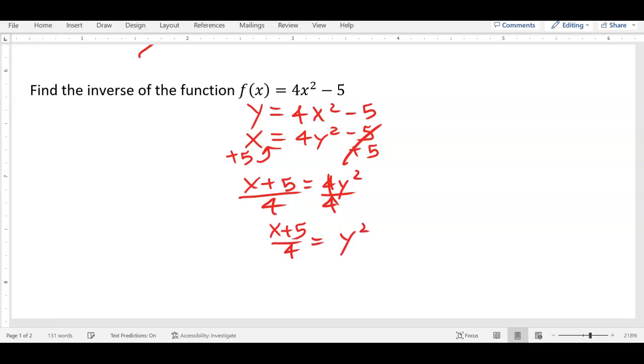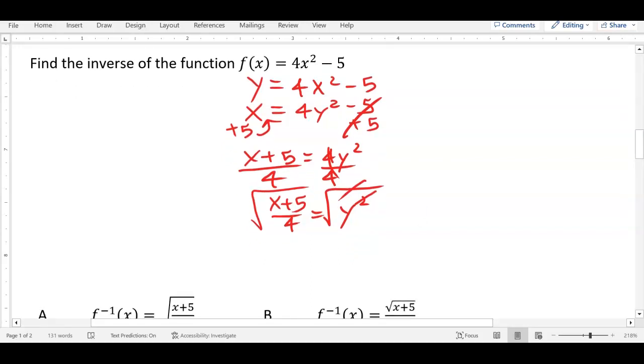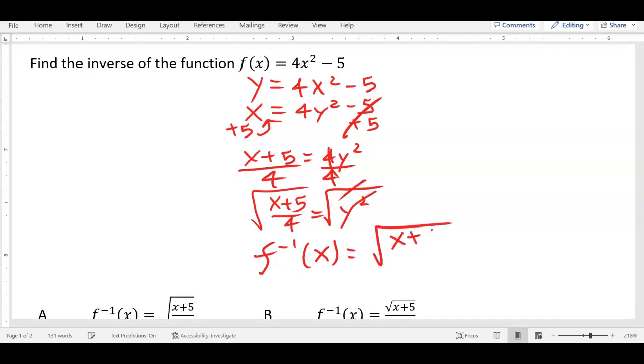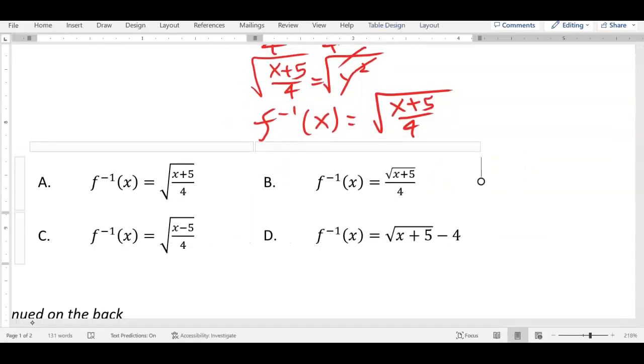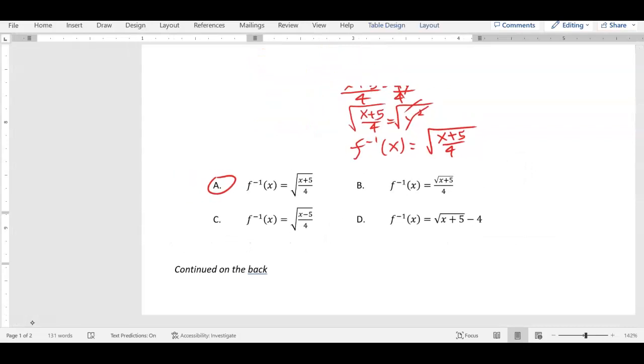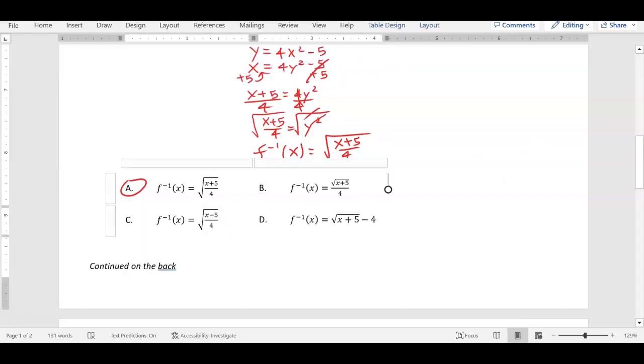And then get rid of the square by doing the square root of both sides. And now we have y by itself. We can write it as an inverse function, x plus 5 over 4 under a square root sign, which would be, oops, letter A. All right, then you can flip it to the back.